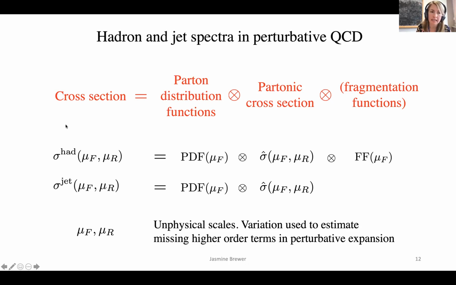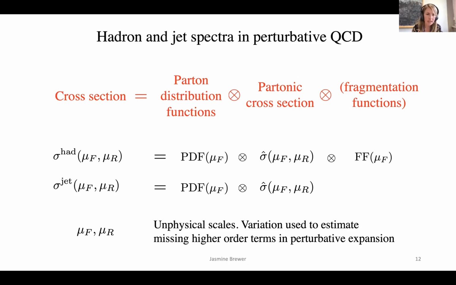The idea is that a cross section is a convolution of parton distribution functions, in this case of the proton, with some partonic cross sections. In the case of hadrons, you also have fragmentation functions, or for jets, you can have some showering or other final state effects.